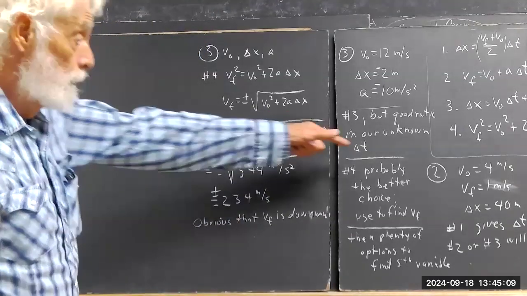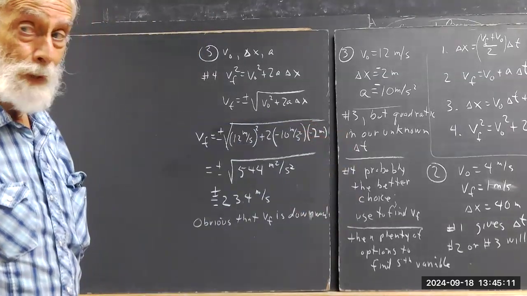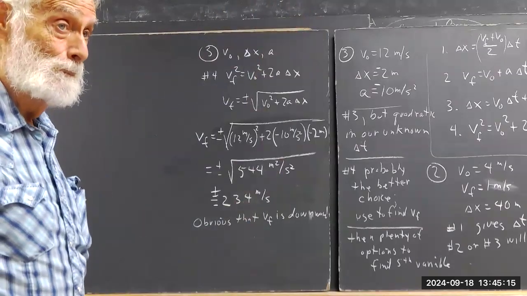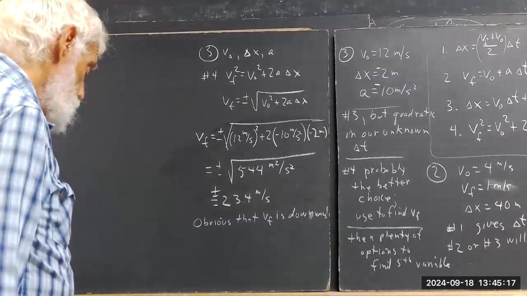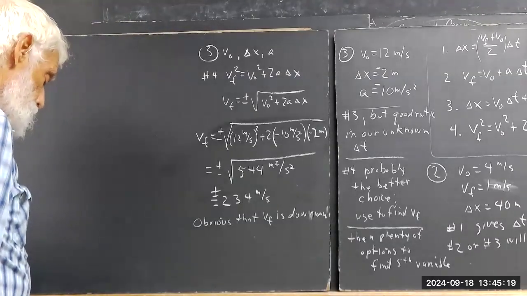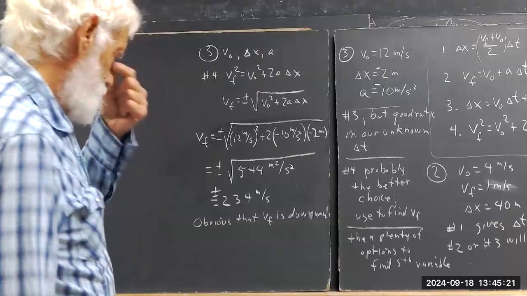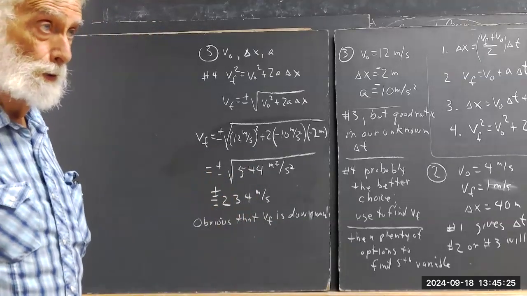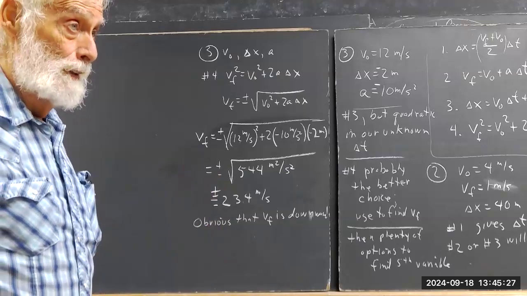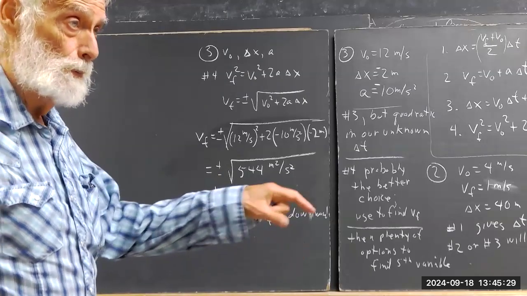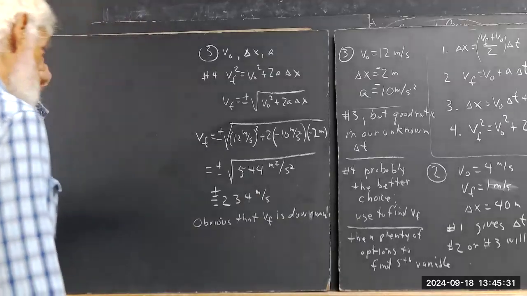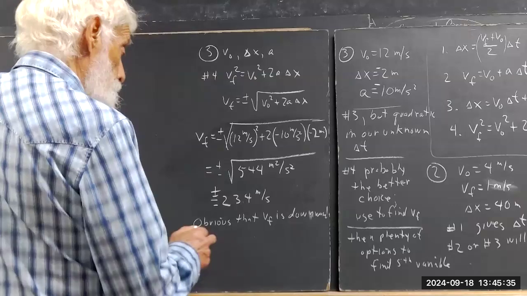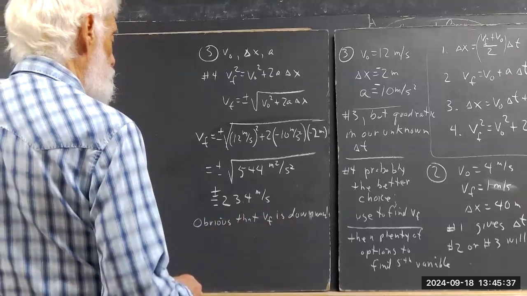It depends on your choice of coordinate system. But we chose to use upward. You might want to work it out with downward because the numbers are simple and the same as they are here, but the signs are different. What happens when you change those signs? Be worth thinking about if you have time and interest. Anyhow, it's obvious that VF is downward.